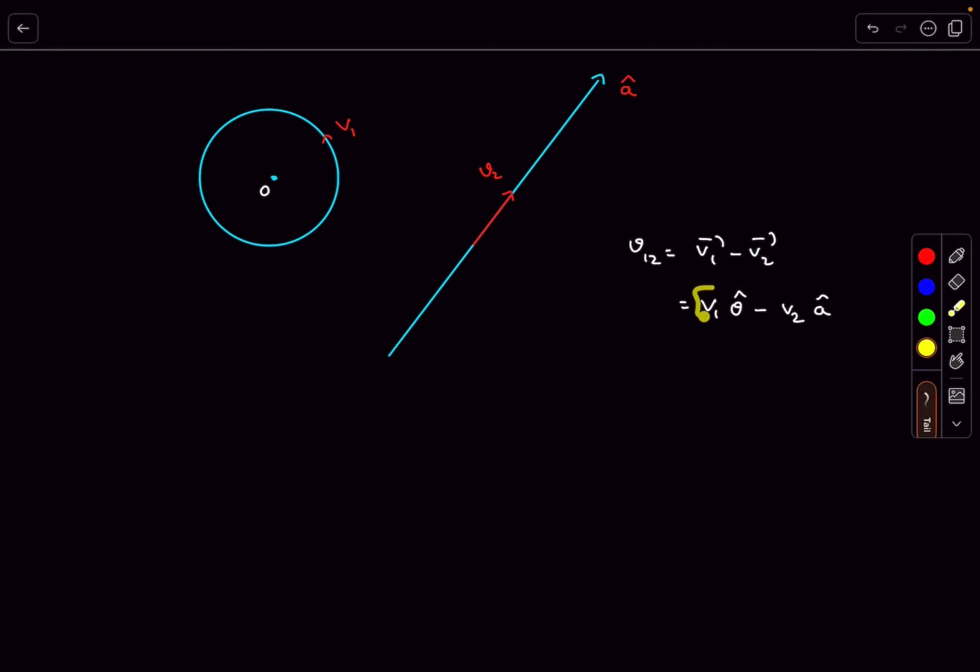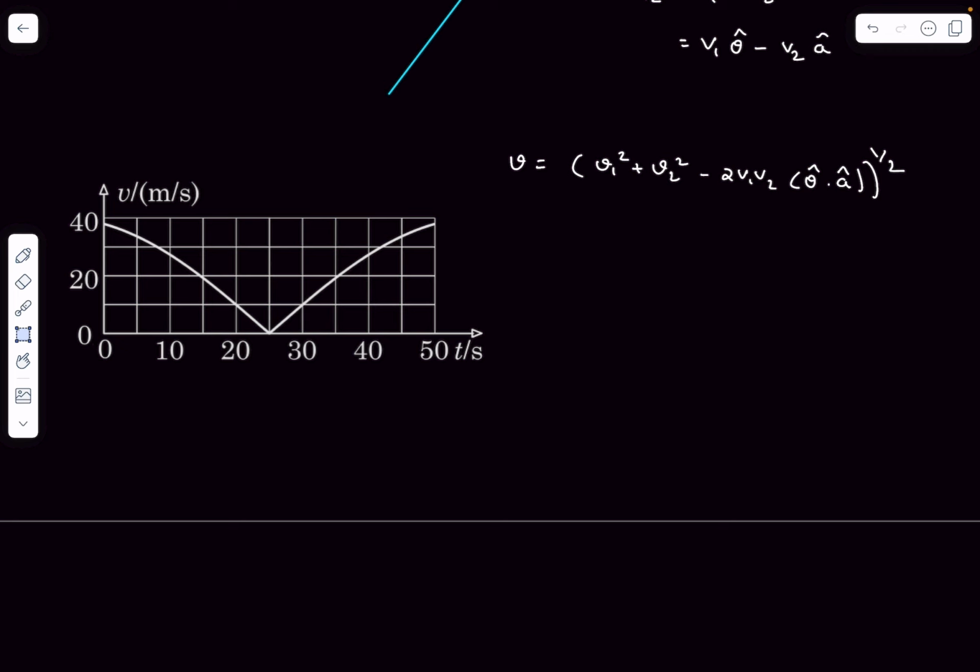So this is the relative velocity of particle 1 with respect to particle 2. Now the magnitude of this vector is what they have given us as v. So this, if you use the resultant formula, will come out to be v1 square plus v2 square minus 2 times v1 v2 times theta cap dot a cap, and the square root of this. Okay, so finally we have figured out the net relative speed of particle 1 with respect to particle 2.